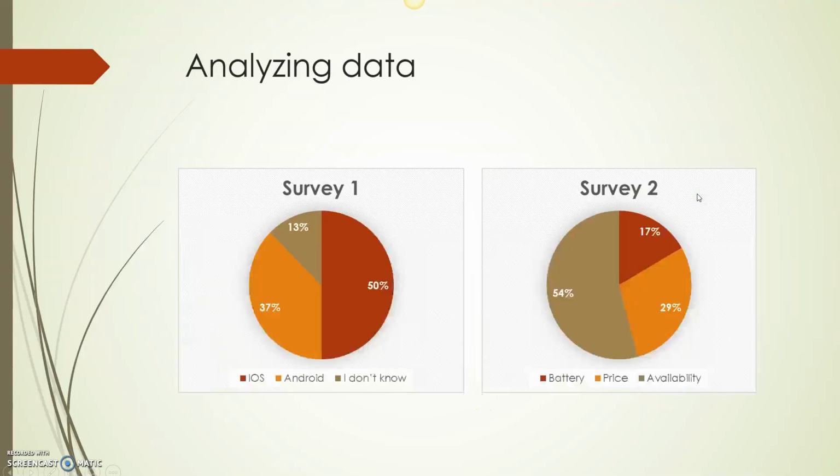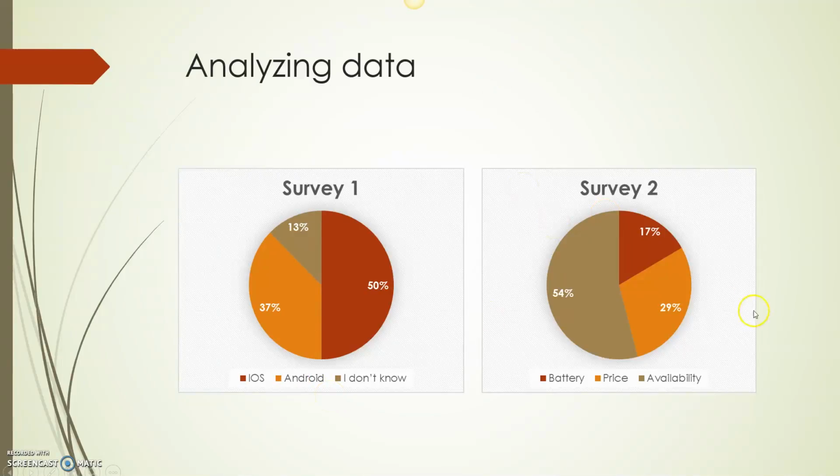availability. After analyzing the data in my first survey, as you can see from this pie chart, it shows that 50% of the people prefer iOS and 37% for Android, and 13% went with I don't know.